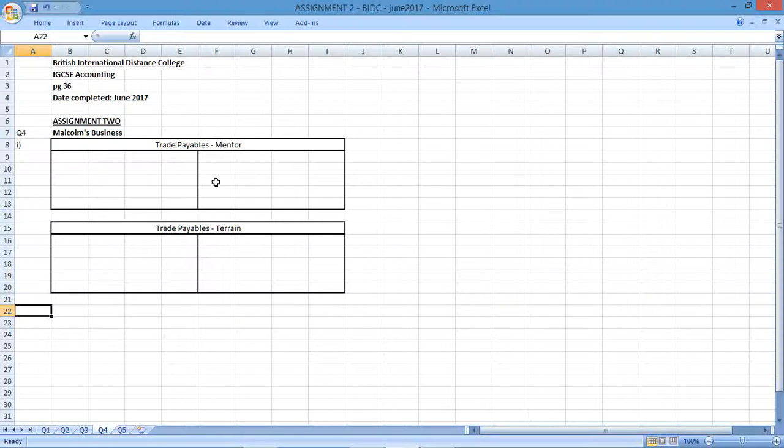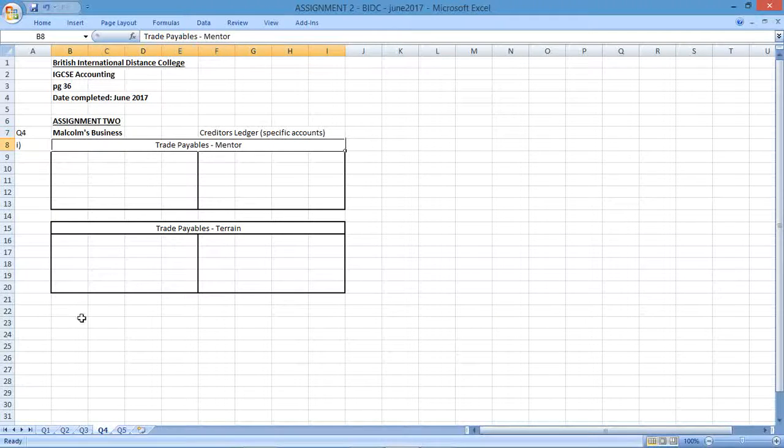So very similar to what we had in the previous question, except we're looking at creditors now. So I just want to put a note here, creditors ledger, specific accounts, and then we'll obviously have a general ledger. Let's do that actually on this side so you can see both.